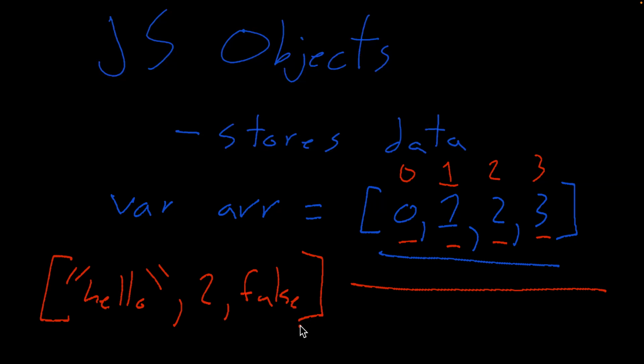A simple type would be a Boolean or a number or a string in and of itself. But data like this array that carries different types of data is a non-primitive data type. So a JavaScript object is like an array in that it's a non-primitive data type, and it stores multiple values of data, but it's different in how it carries that information. Okay, so let's find out how.